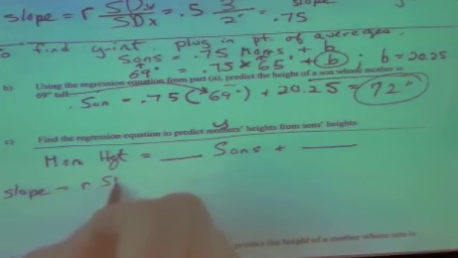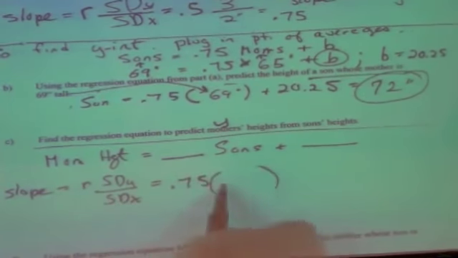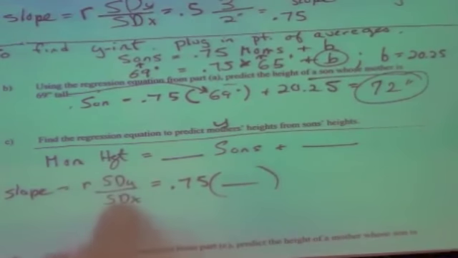It's r times the standard deviation of y over the standard deviation of x, which is 0.5. But what's changed? The y and x have changed. Now moms are y's.